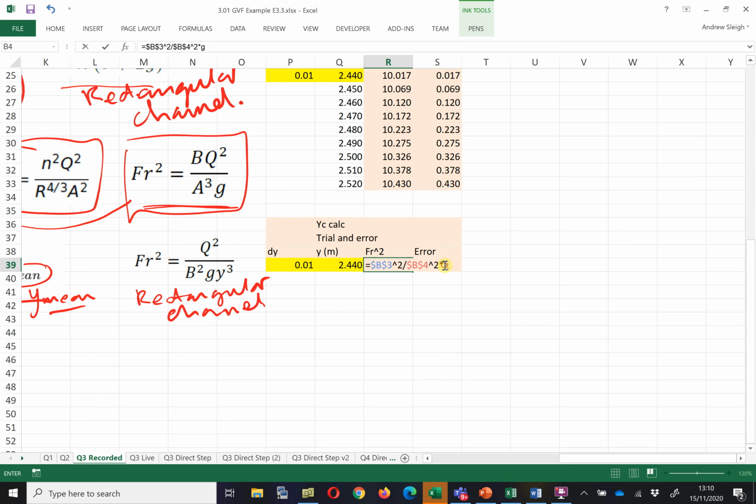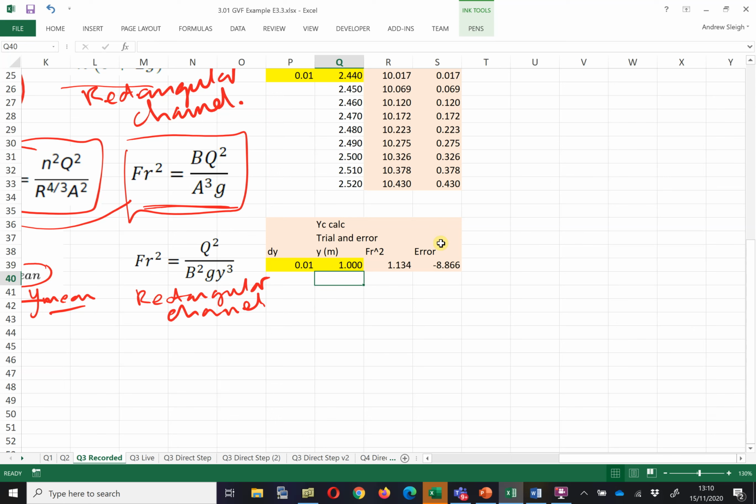Sorry, I'm not going to times it by, I'm going to put a divide by the number we're guessing, all cubed. So we're aiming for this to be 1, and it's way out, 2.4. Well, we know it's going to be less than 2.4 because it's subcritical.